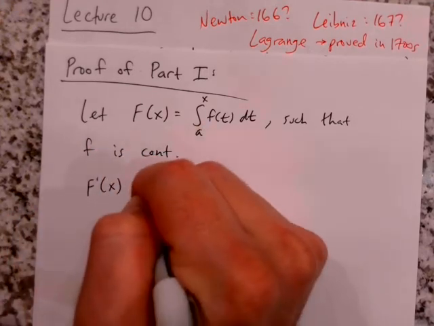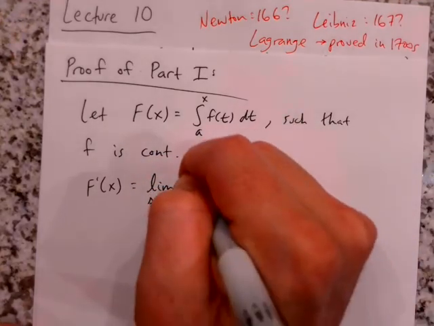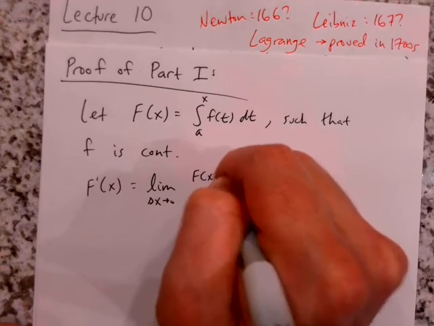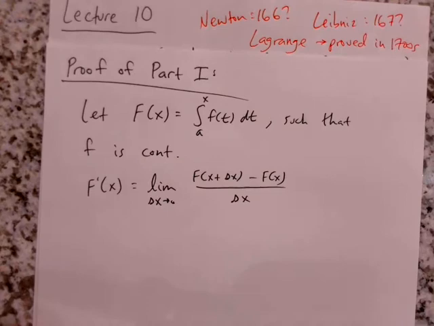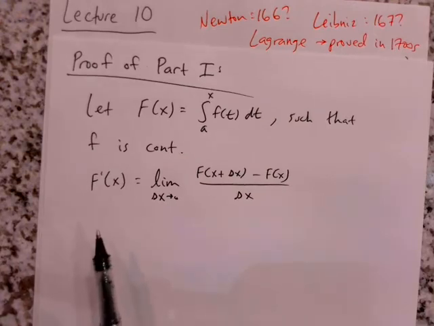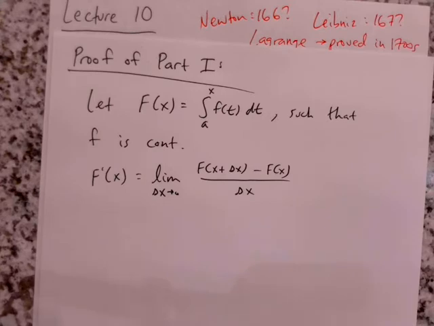And we know from the definition of the derivative that big F prime is the limit as delta x approaches 0 of big F of x plus delta x minus big F of x over delta x. Right, the derivative is just the slope between 2 points on the curve as those 2 points become infinitely close to each other. We then plug those 2 inputs into our function.